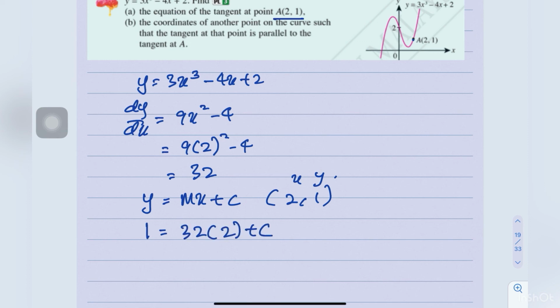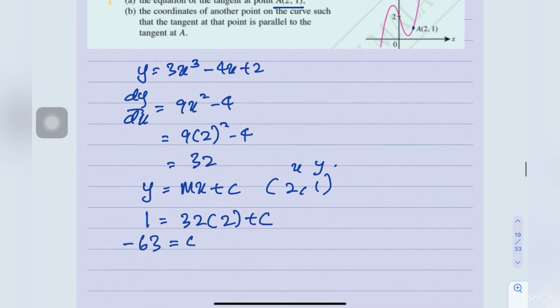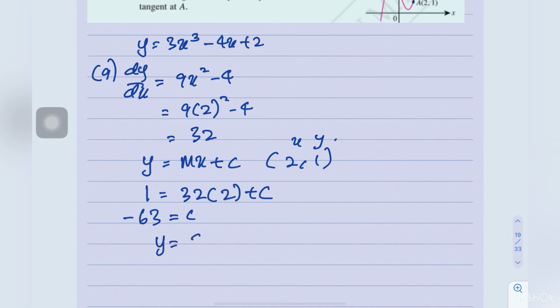So therefore c is 1 minus 64, so c equals negative 63. So the equation of the tangent is y equals 32x minus 63.